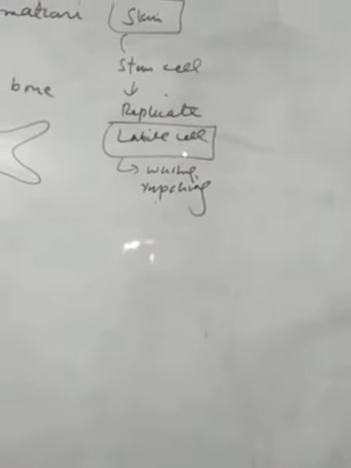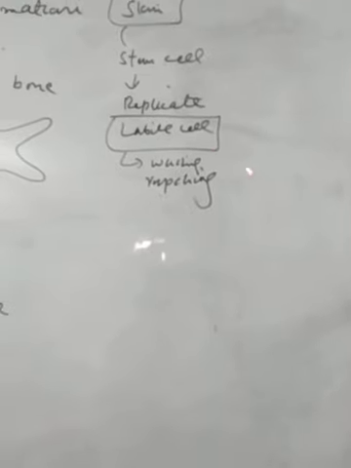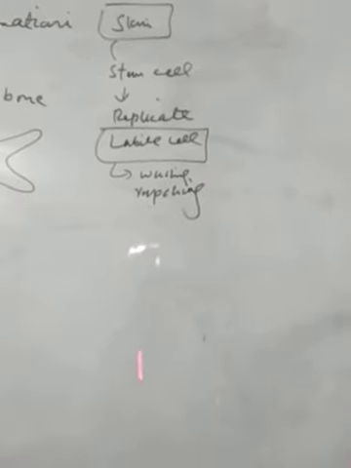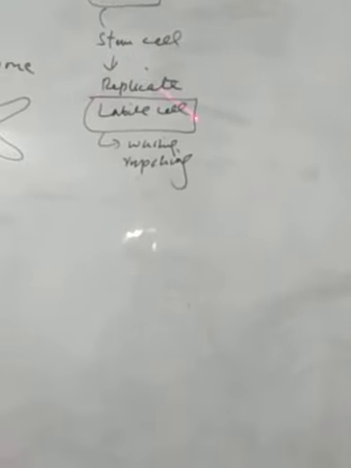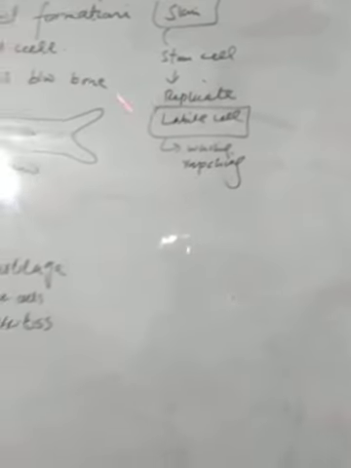When you wash your hand, or during natural rupturing of your skin, the cells replicate and reproduce themselves. So skin has the ability to replicate after washing, because it also has stem cells.